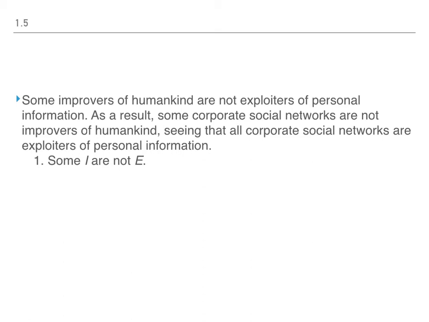The first premise says some I are not E. The second premise is the thing that comes after the "seeing that," so all corporate social networks are exploiters of personal information, giving us all C are E. And then the conclusion, following the "as a result," is some corporate social networks are not improvers of humankind: some C are not I. Now we have the argument's form written out for us.